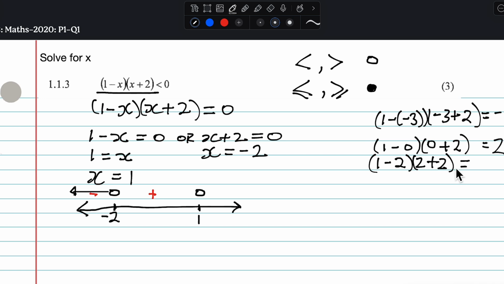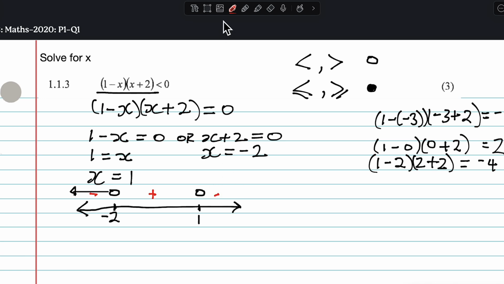Okay, so put this in your calculator. 1 minus 2 times 2 plus 2, you get -4. Again, the important thing is what? The sign. Right, so for values of x that are greater than 1, we get a negative value.